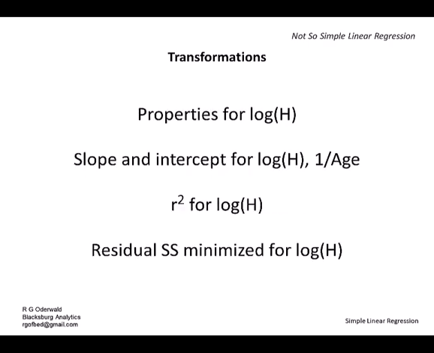This is so important that it bears repeating. Any regression properties only apply to log of height and reciprocal of age. The slope and intercept are for log of height and reciprocal of age. The R-square is for the log of height. The residual sum of squares is minimized for the log of height.